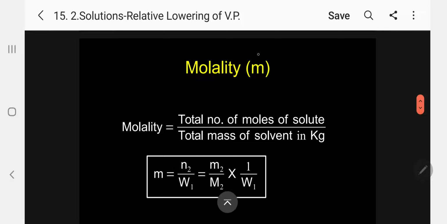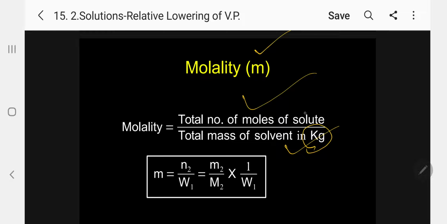Molality. Kindly follow, small m for molality. That is molality equals total number of moles of solute present in 1 kilogram of solvent. That is total number of moles of solute divided by total mass of solvent in kilogram. That is molality, small m.